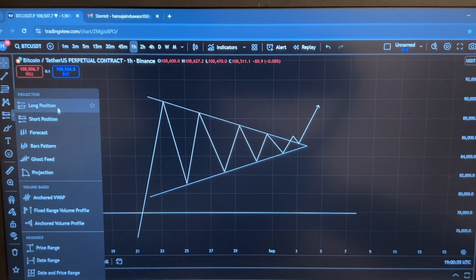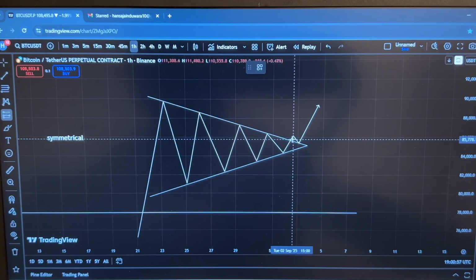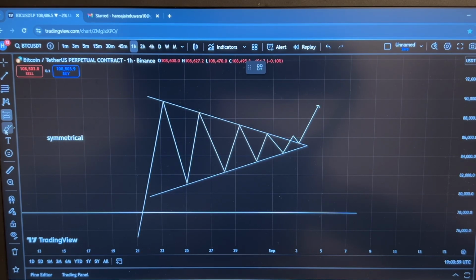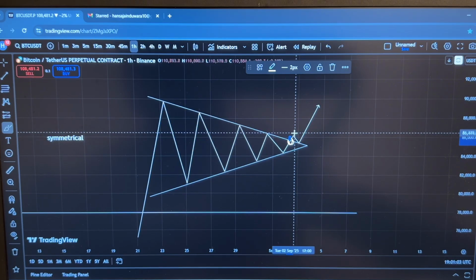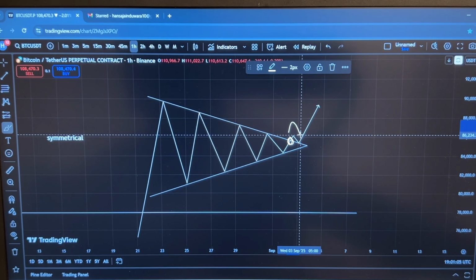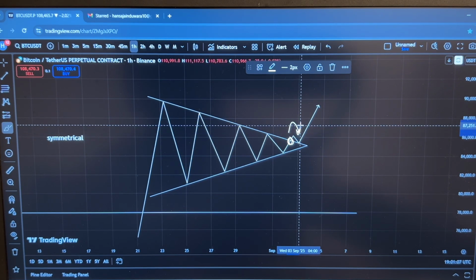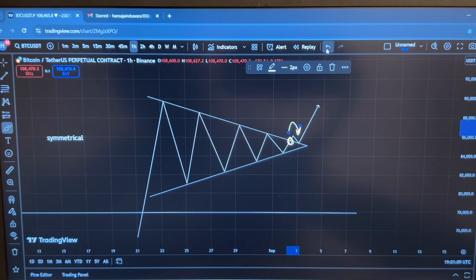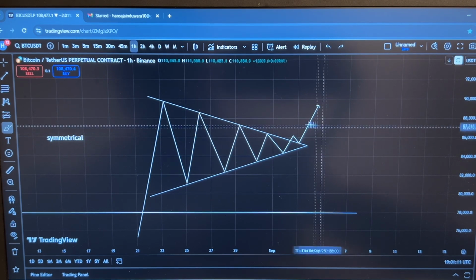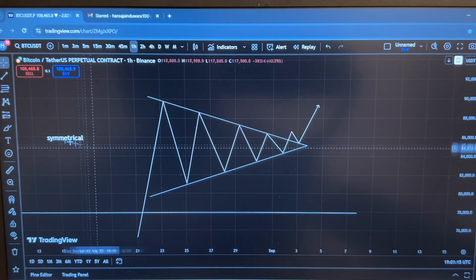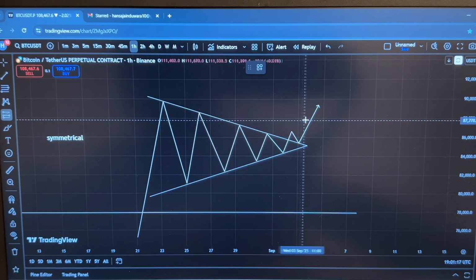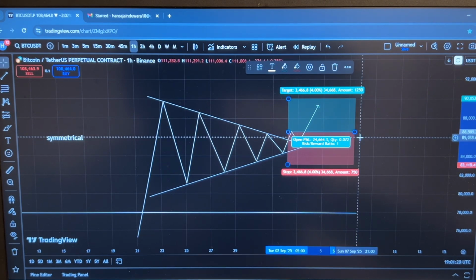So in this scenario, it's going to be a long position. So once it breaks this trend line, the top trend line from here, and it goes for its retest, now you guys need to have a good understanding where to put your limit orders. So you put your limit orders here.